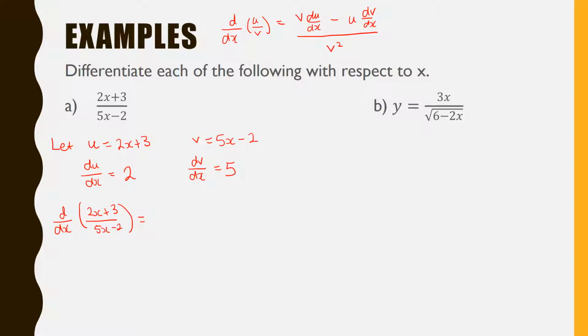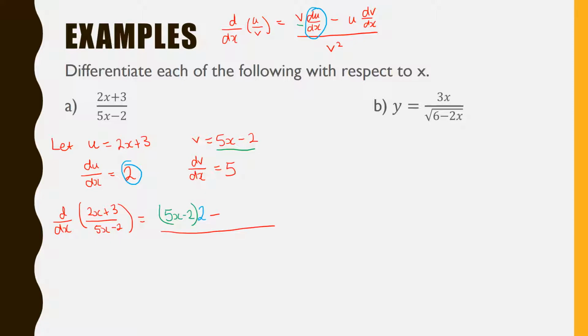We start with v, 5x minus 2, all of v, so we put it in brackets, is multiplied by du dx, which is found here, multiplied by du dx, and then according to the formula we have to subtract.